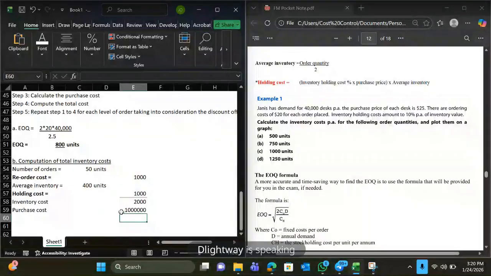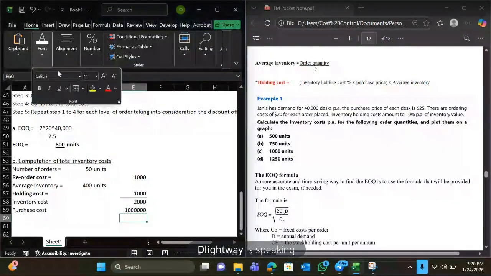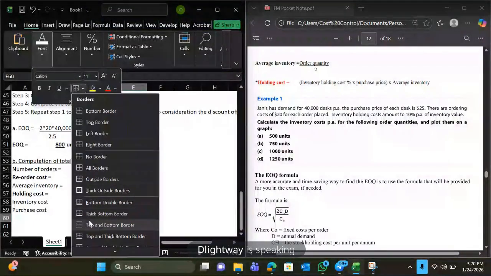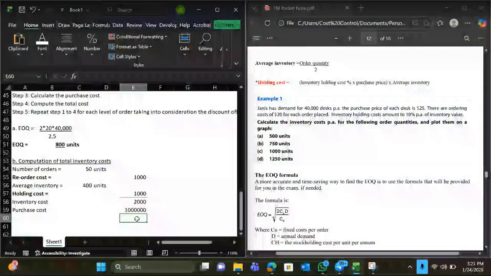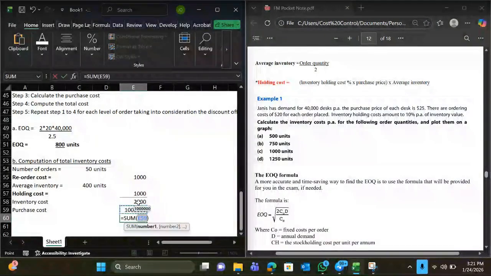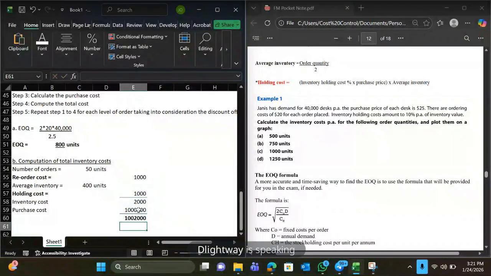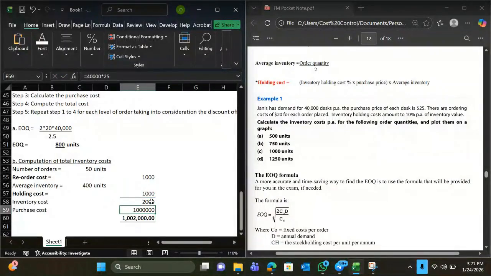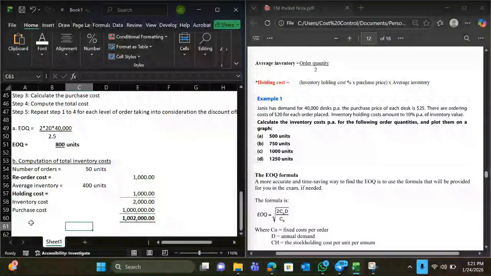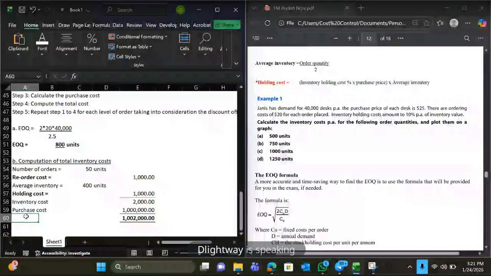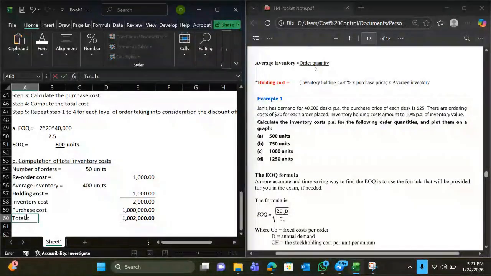That's the purchase cost. Now, the summation of both of them gives us this, the total cost.